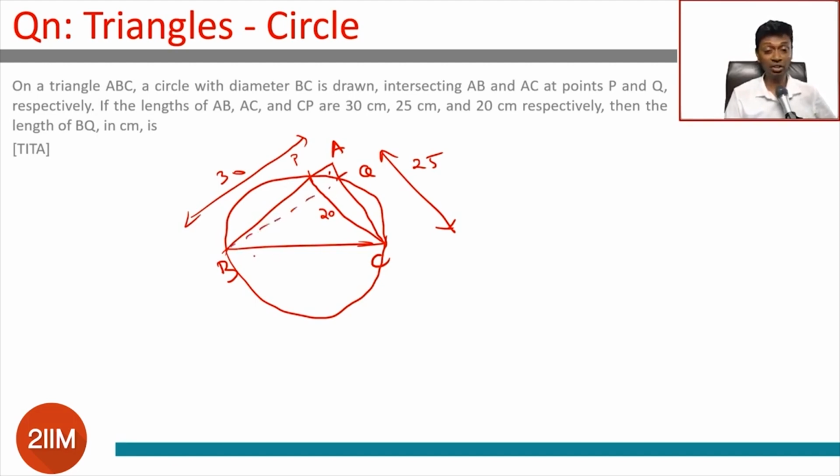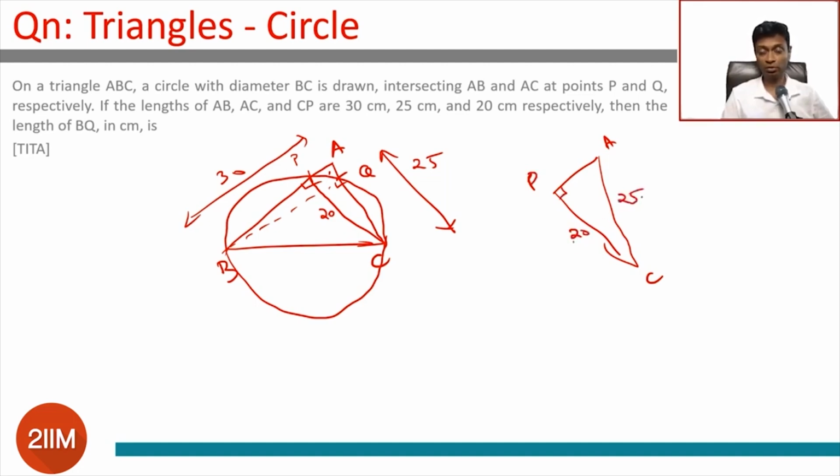Key thing here, this is a semicircle, so this should be 90 degrees, this should be 90 degrees. So now we are looking to do Pythagoras theorem. So think about triangle PAC. If you look at this triangle, this is 90 degrees, CP is 20, AC is 25.